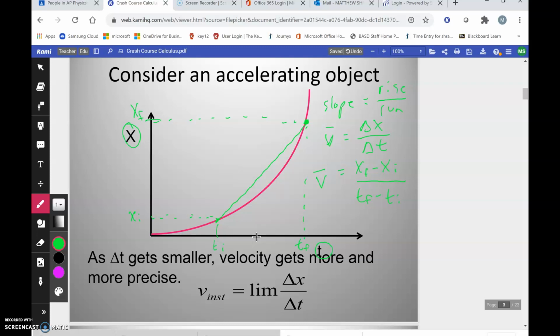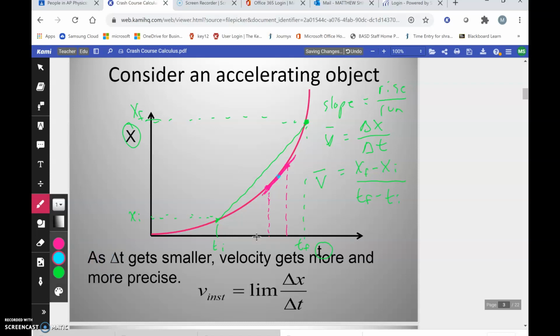And if we wanted to get more precise as to what the exact velocity is at a different moment, let's say we wanted to know what the velocity really was right here, then we would pick 2 points closer to where we actually want to know the velocity. So we would pick our initial point here and our final point here, and this slope that connects these 2 points would be a lot closer to what we were looking for, which is the instantaneous velocity at a particular point right here.